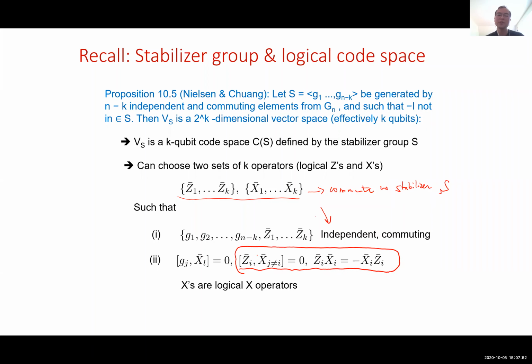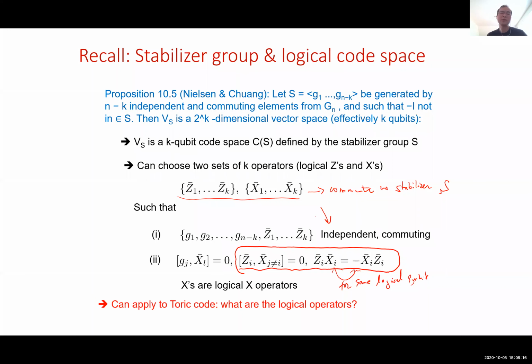So for the same logical qubit, the operators anti-commute. For different logical qubits, their Z and X commute.